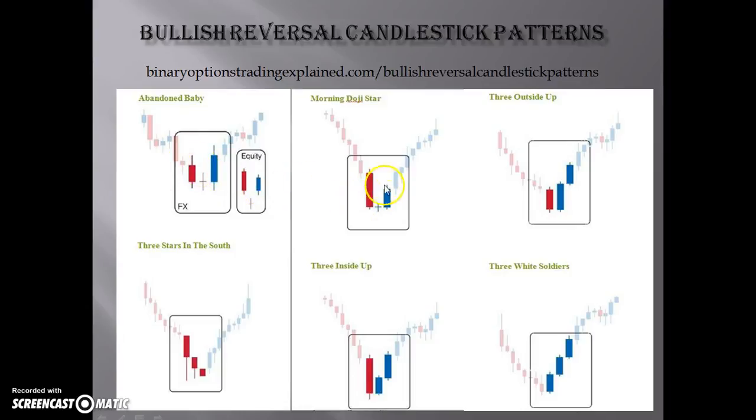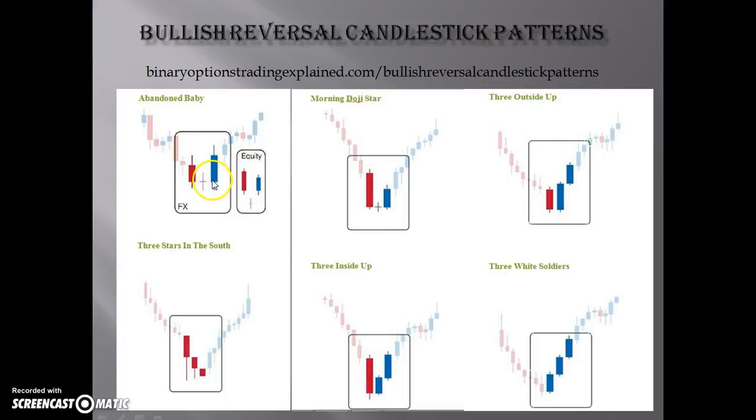If you look at this morning doji star, a bearish candlestick forms, a doji forms, but the bullish candlestick that forms at this point does not move above the first bearish candlestick. So this indicates that it is a morning doji star, and when it moves above it, it indicates that this is an abandoned baby.